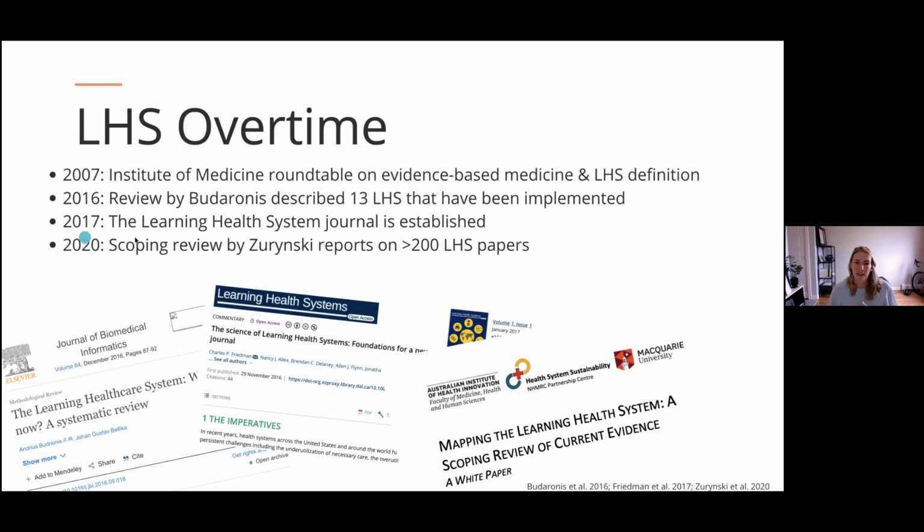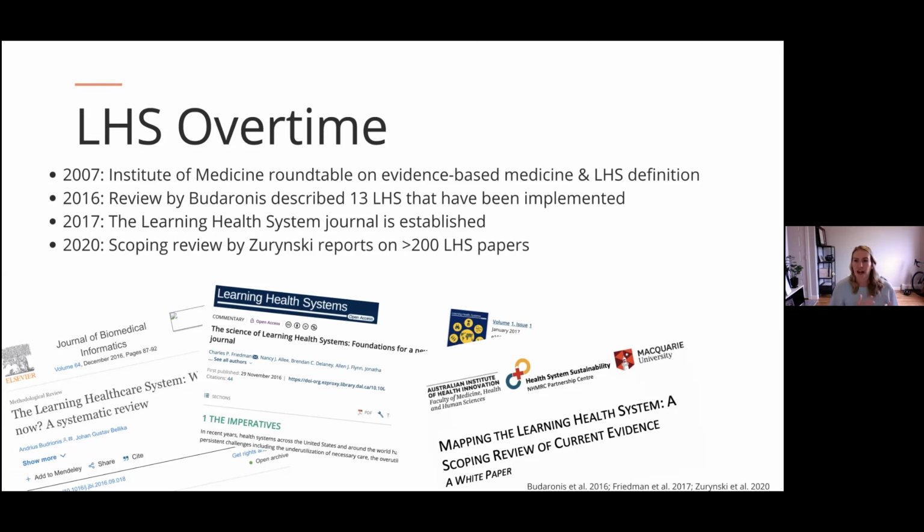In 2017, the Learning Health System Journal was established, so we now have a journal which is specifically dedicated to learning health systems research. And then in 2020, Zarinsky and others created a scoping review where they reported on over 200 papers and learning health system studies, which spanned from learning health system frameworks, to studies on learning health system features and components, as well as case studies around specific learning health systems that have been trialed in practice.